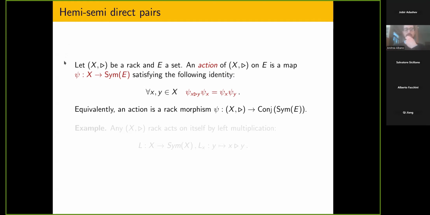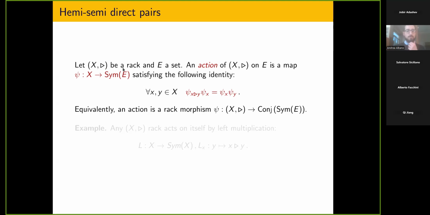This notion of semi-direct products wants to mimic what happens in more classical notions of semi-direct products, for example as we have seen for Leibniz algebras or digroups, where you have a starting structure, and starting from this structure and a notion of action, we can produce a new structure belonging to the same class on a Cartesian product.